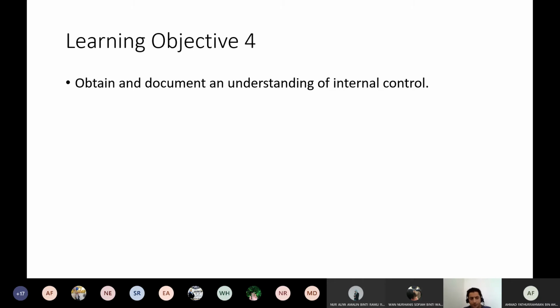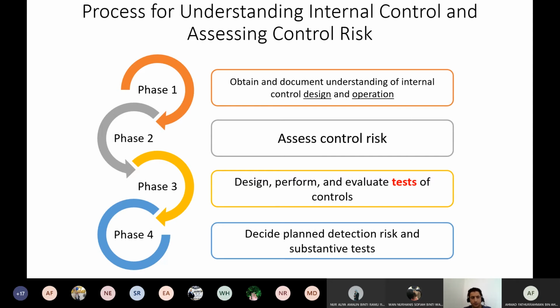Okay, so we have four processes or four phases that the auditor should go through for understanding the internal control and assessing the control risk. Okay, so number 1 is obtaining and documenting the understanding of internal control, design, and operation.